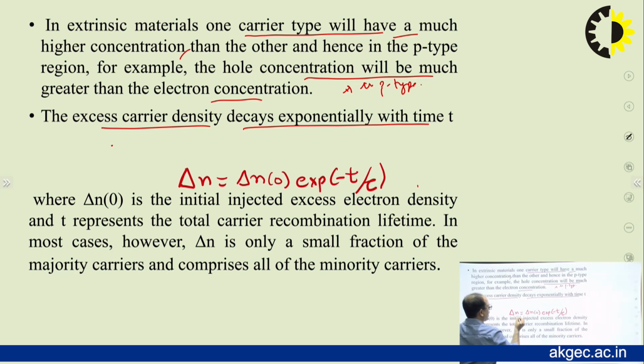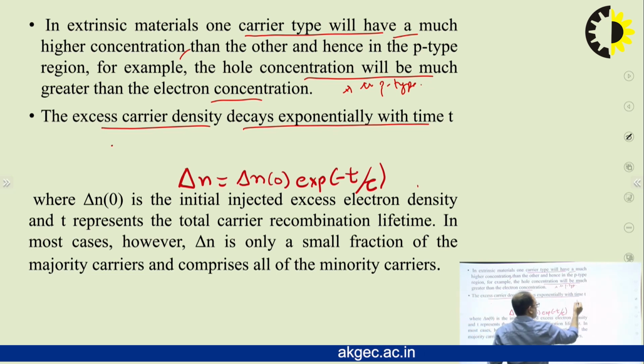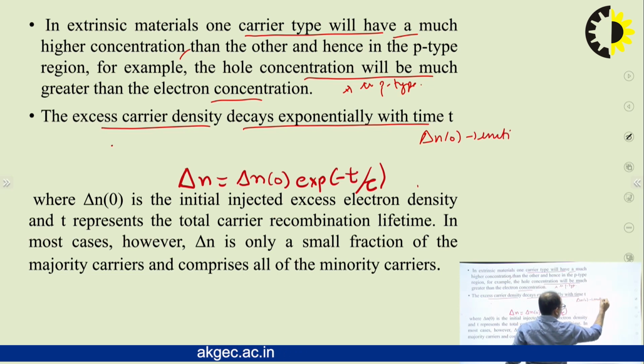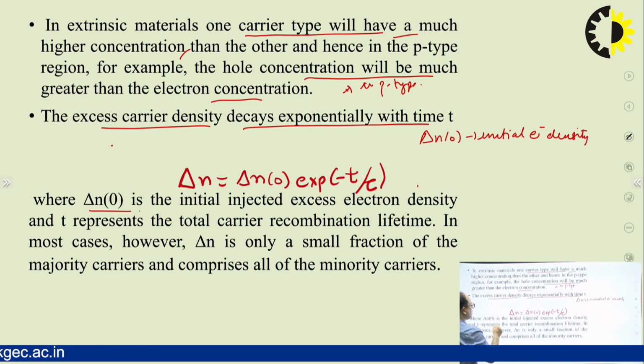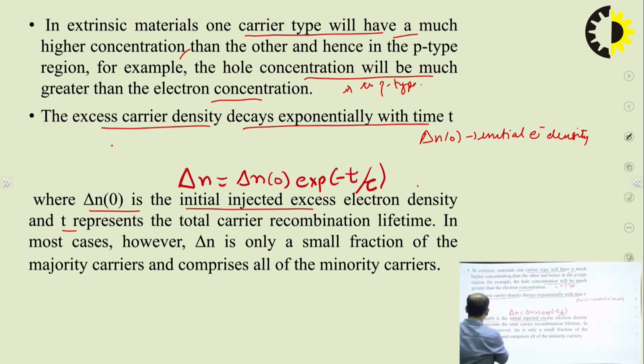That is given by delta n is equal to delta n naught exponential minus t by tau, where delta n naught is the initial injected electron density, and tau represents the total carrier lifetime. Clear?